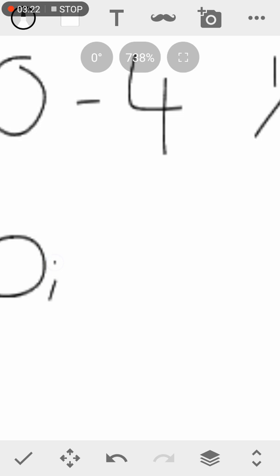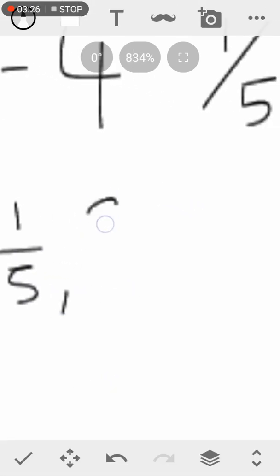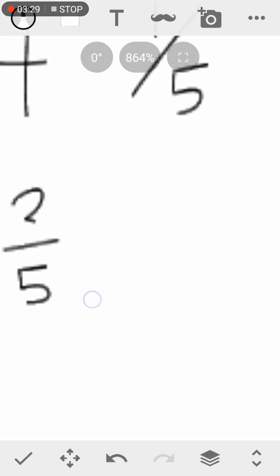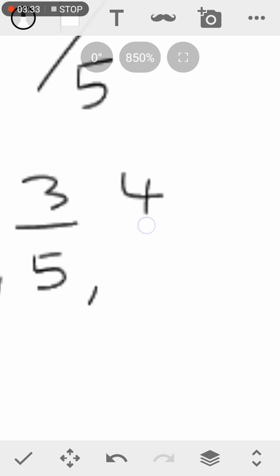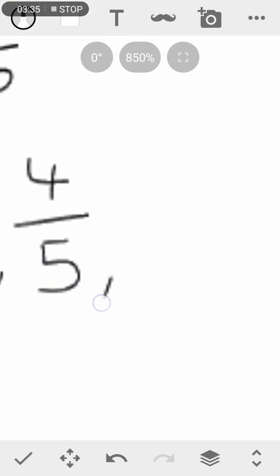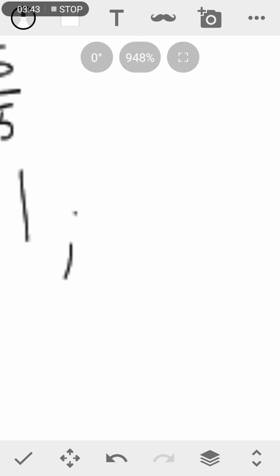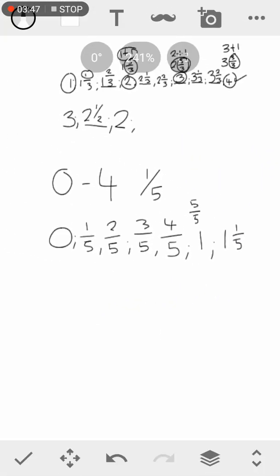When we start with 0, then we are going to go 1/5, 2/5, 3/5, 4/5, and then 5/5 is going to be 1. You see? Then we are going to continue, and we are going to say 1 and 1/5 until we reach the number 4.